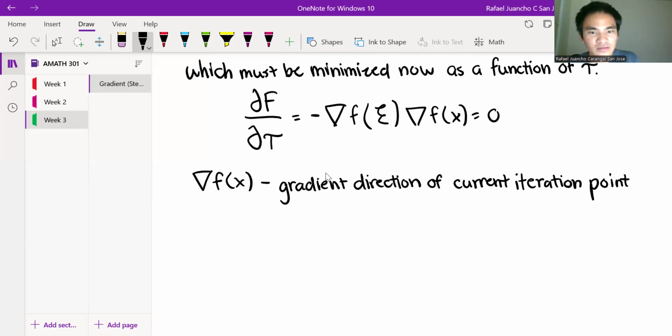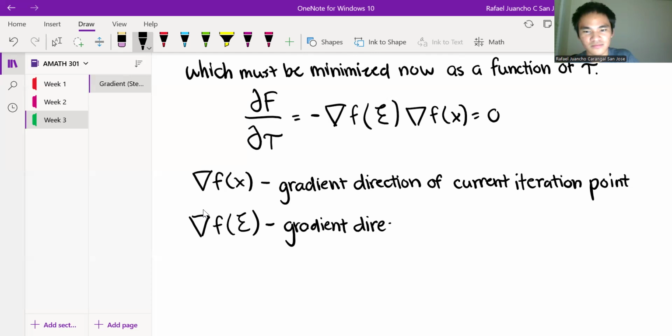And this one, where I plug in my function in terms of tau, is now the gradient direction of the future point. So there is some math to be able to get the most optimal tau here.